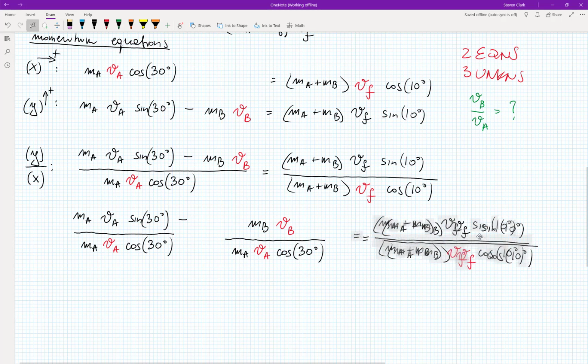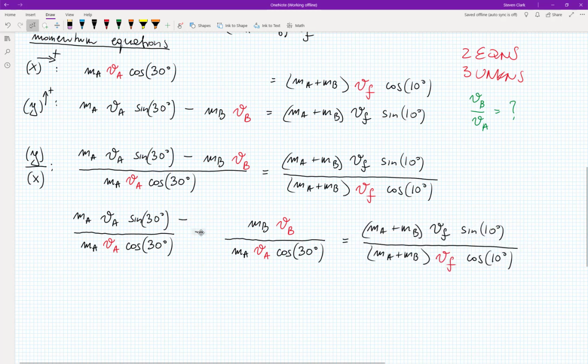Okay, this is what I wanted to obtain. So now we can see that some of the things simplified, right? Because I think that we can get rid of mass m from this fraction and velocity a from this fraction.